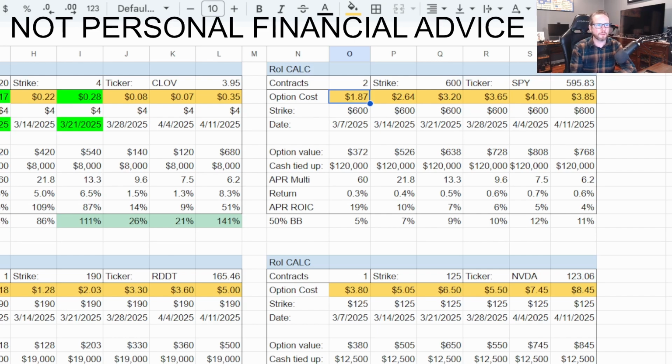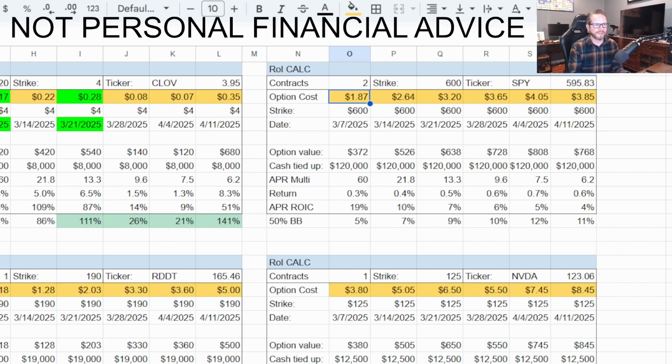And let's say I wanted to sell puts. Well, you know what we could do? We could do that too, actually. You can sell puts for above the price that it's at, which is kind of interesting. And if I wanted to sell puts for 600 strike, expiring this week would be, oh, I'm sorry, I forgot, they've got dailies.